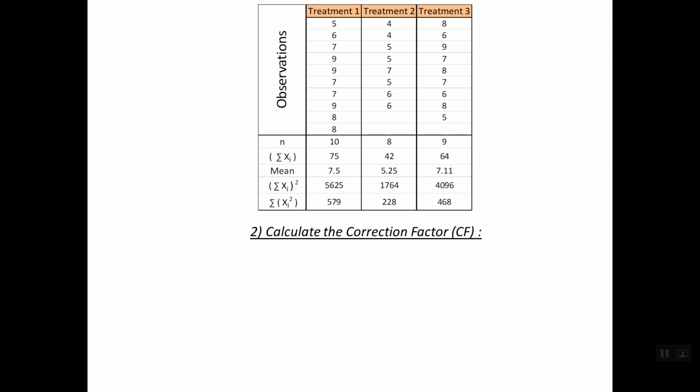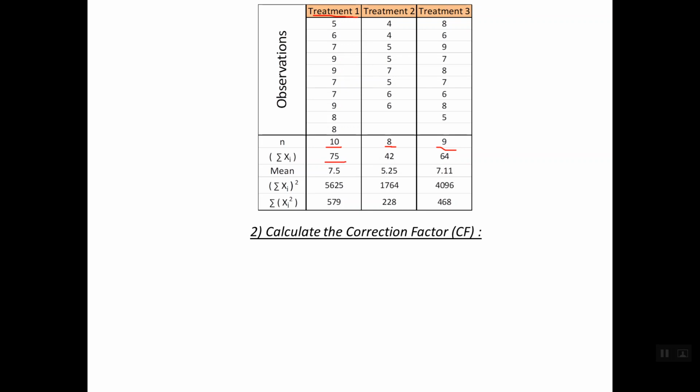For example, for treatment number 1, we have here the observations, and this is the count for treatment 1. It is 10, while for treatment 2 it's 8, while for treatment number 3 it is 9. The summation of the observations for treatment 1 is 75.